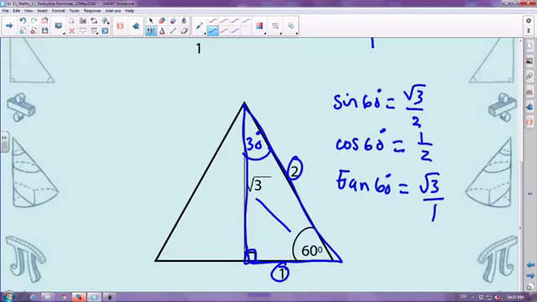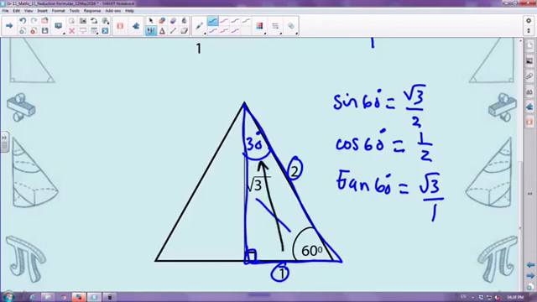Now, moving on, let's take the 30. With 30 degrees, you can turn around your triangle so that you can see which one is adjacent, because if it's sitting like this, some of us get confused and think this is the opposite, whereas we said the opposite is the one that's directly opposite the angle.